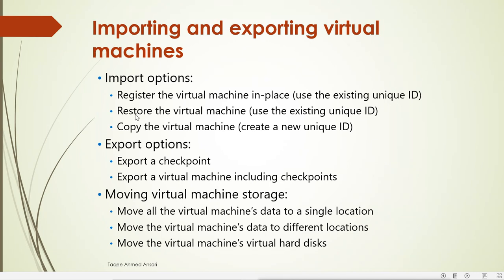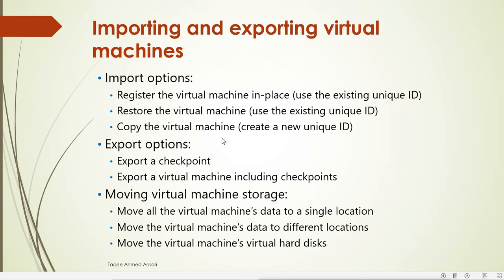The second option says restore the virtual machine, use the existing unique ID. In this case it is like a backup. We are using the export option as a backup. Suppose some machine is our important machine and we want to take a backup of it.